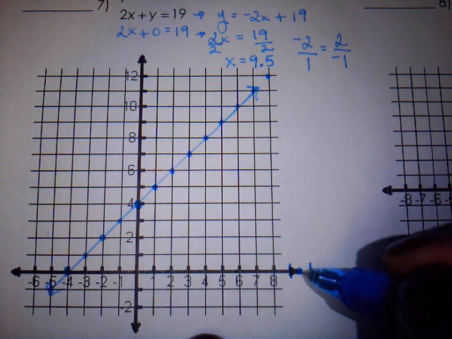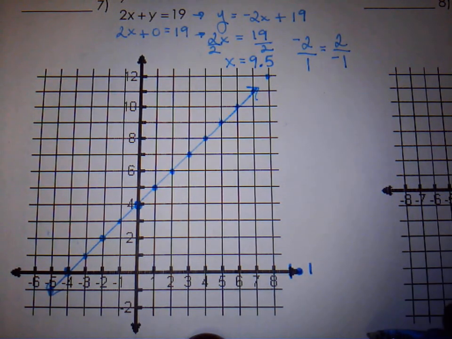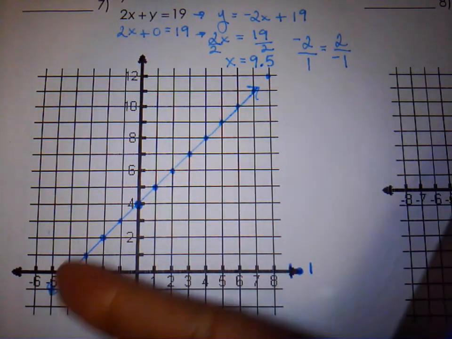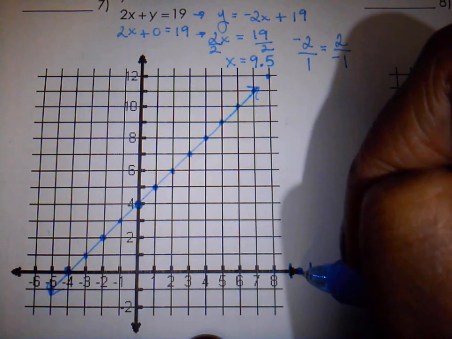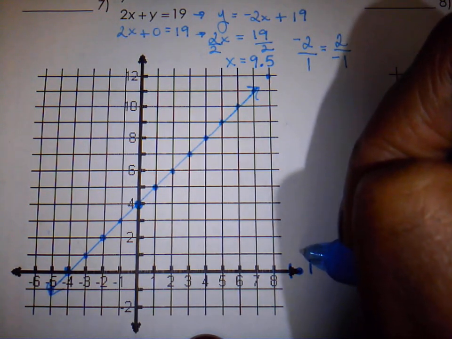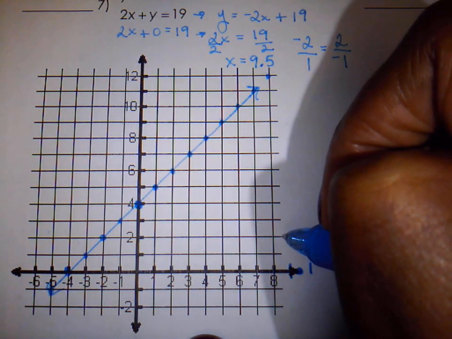Now watch this, guys. It's going to feel weird, but you'll be okay. Because I don't have a lot of room to go this direction, I'm going to go in the opposite direction. And plus, that's where my line that I'm trying to cross is, right? I'm going to go up 2. You with me? But back 1.